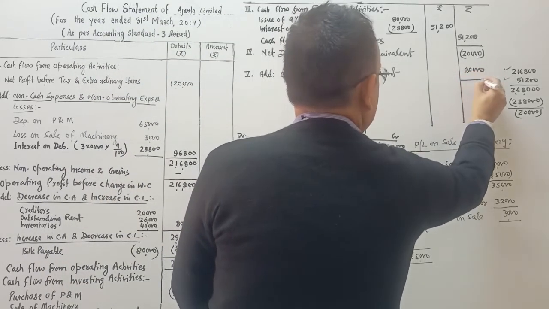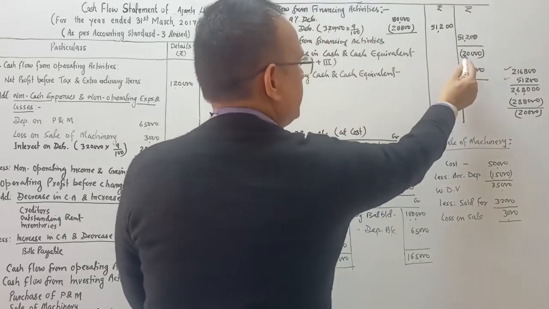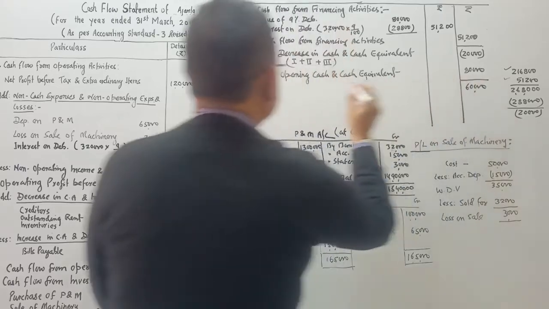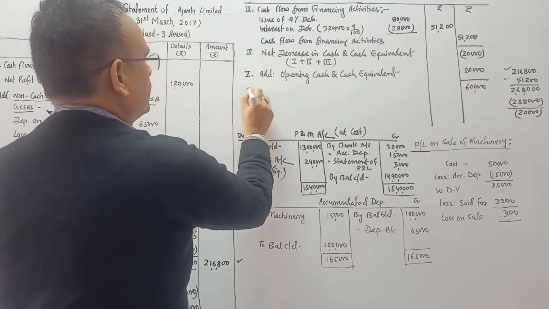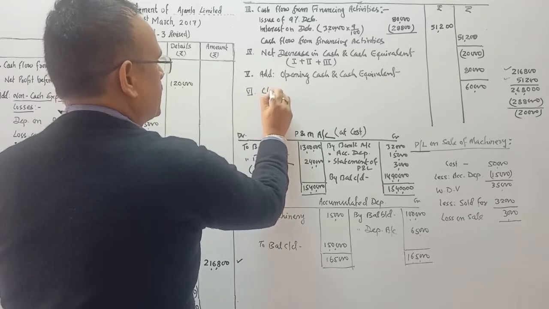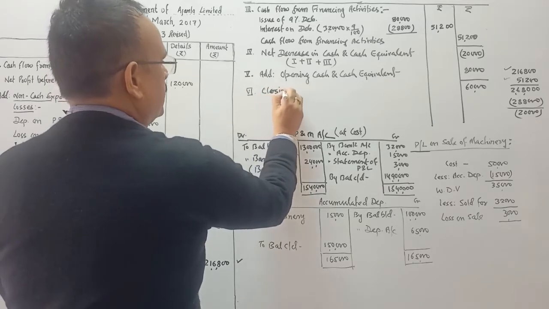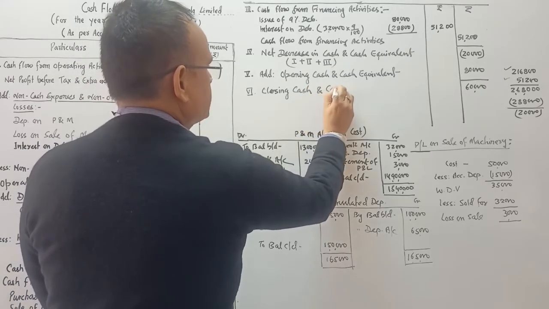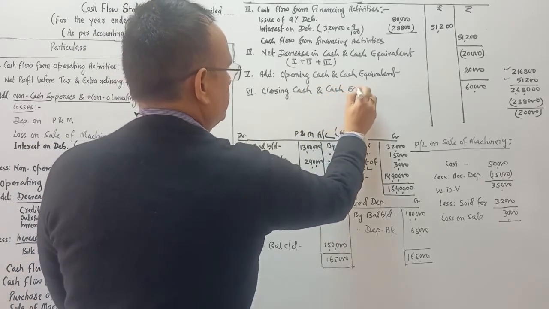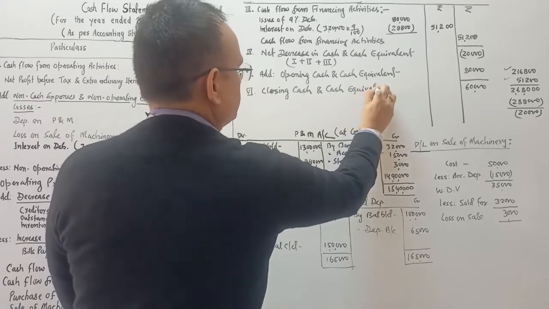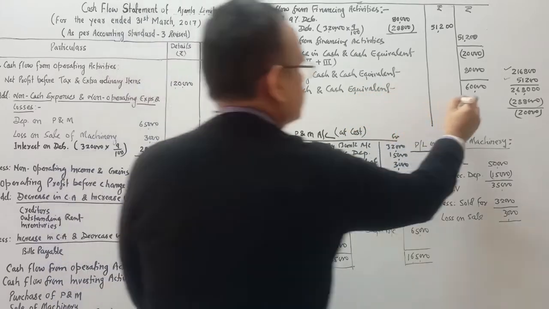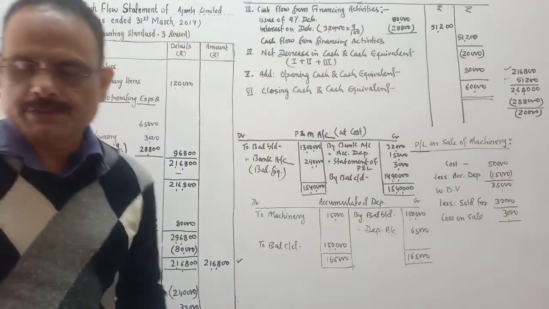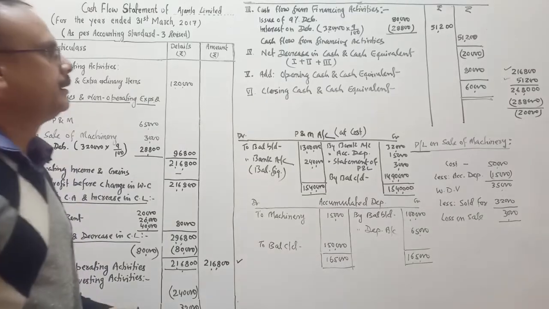So you add it with the previous figure: minus 20 plus 80, so the difference is 60 plus. This will be the sixth number, closing cash and cash equivalent. This must be equal to closing cash and cash equivalent. Now it is completed. The cash flow statement is completed.